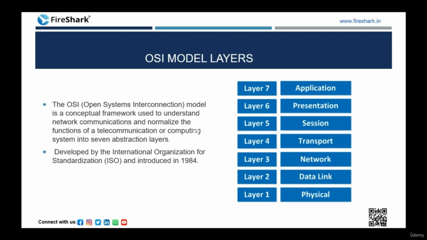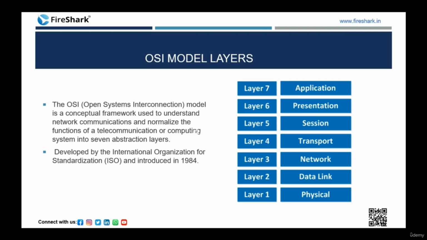These layers work together to ensure that data is transmitted reliably and efficiently across a network. When you categorize it into different layers and protocols, you can easily troubleshoot problems in the whole networking system. It was designed by the International Organization for Standardization, ISO, in 1984.